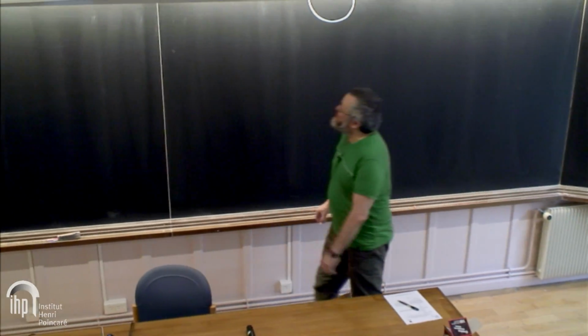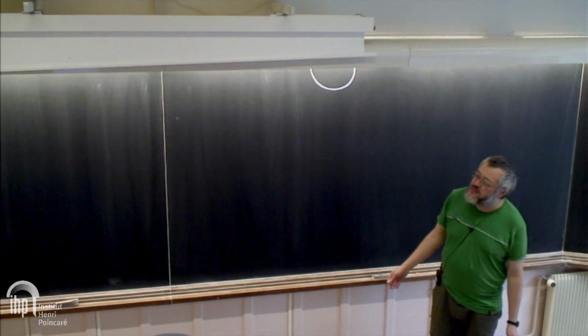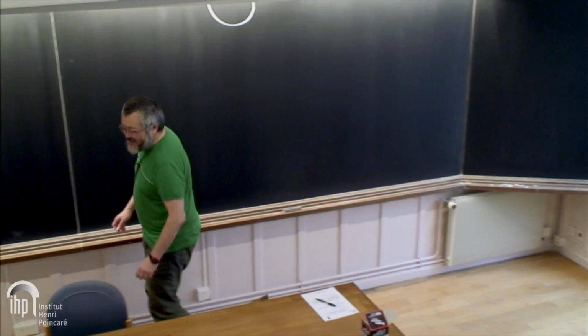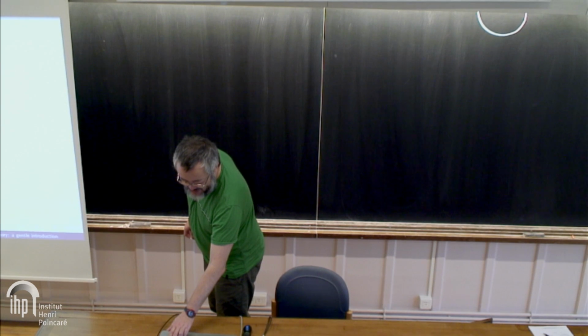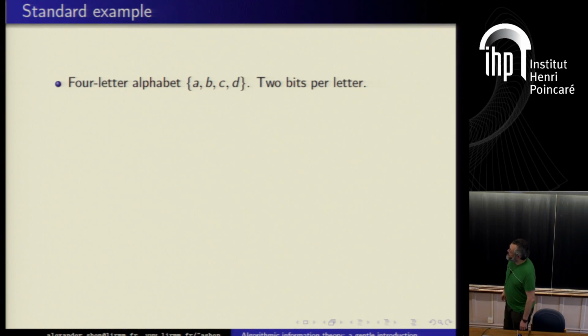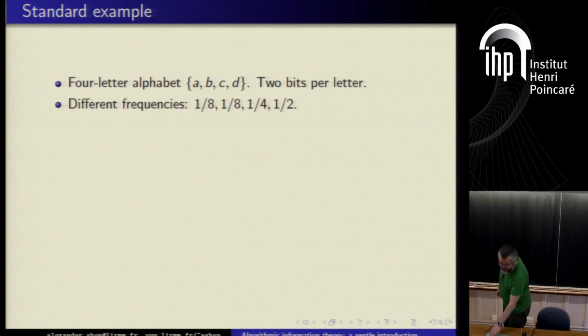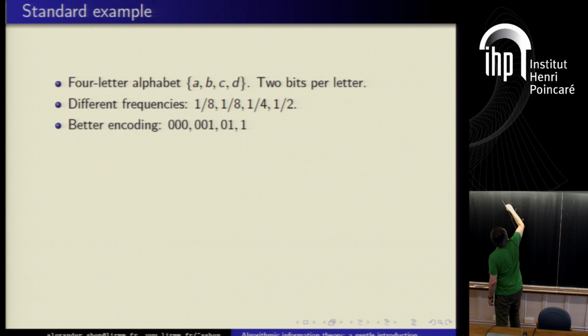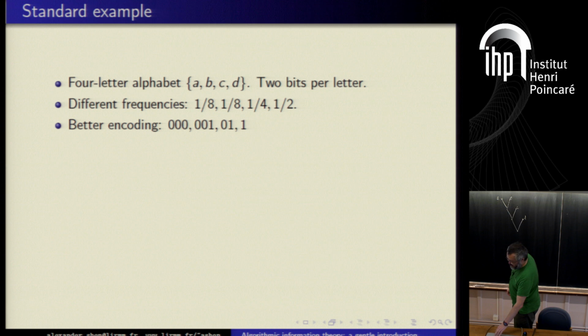So you know, the first thing in all courses on information theory is this trivial example. If we know that an alphabet has 4 letters, then we need 2 bits per letter, but if we know that the frequencies are different, then we find a better code: frequent letters should have shorter codes, for letters A, B, C, and D, and in this way we can economize.